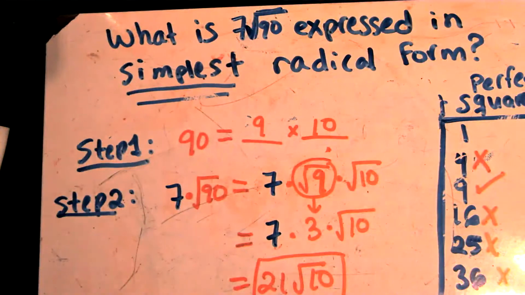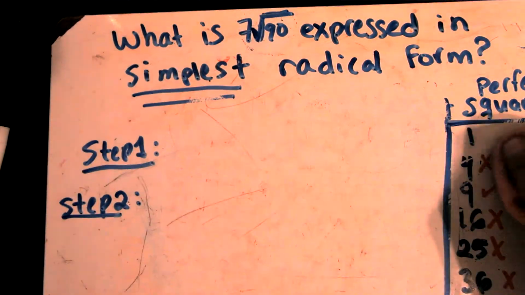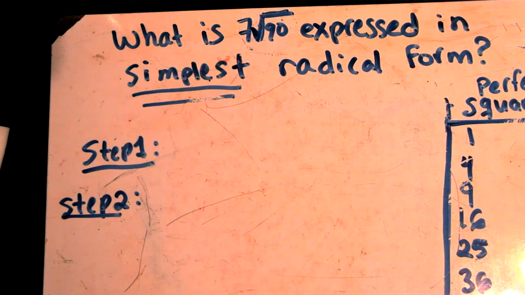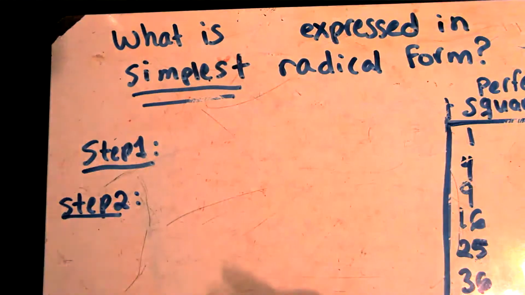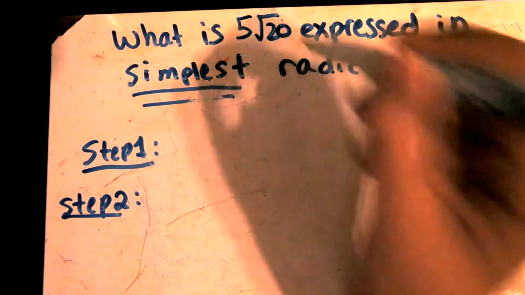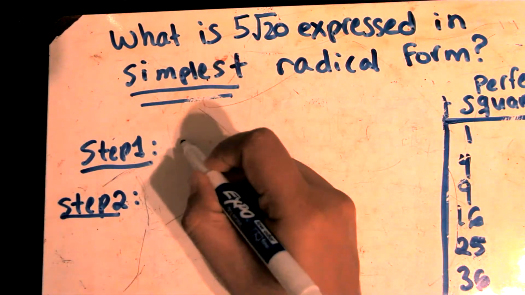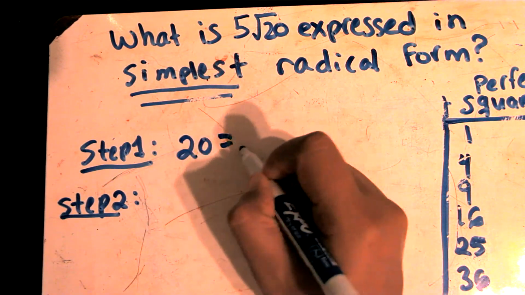Let's do another example with a number outside of it. We're going to do 5 radical 20. Okay, so step 1, we're going to simplify. We're going to find 2 factors of 20.